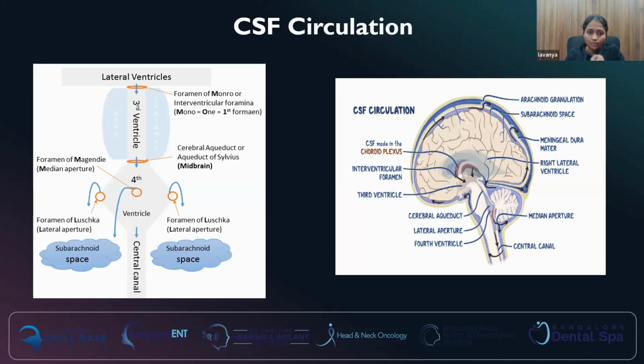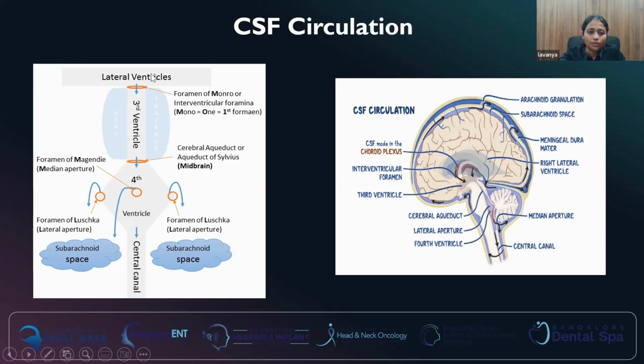So we'll start with some of the basics. We'll start with CSF circulation. As you can see here, as we know, the CSF circulates within the skull, cushioning the brain.